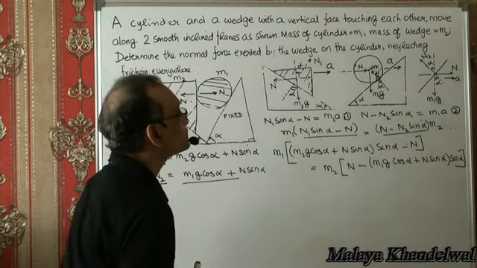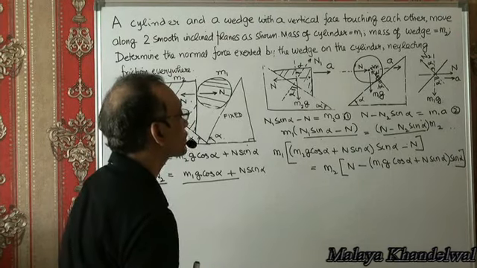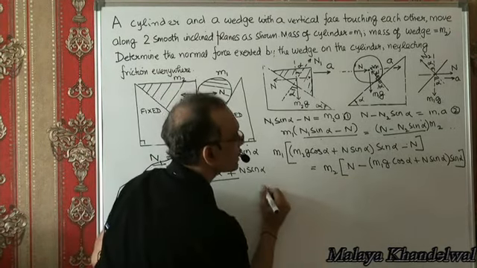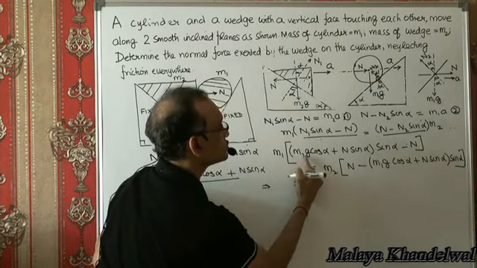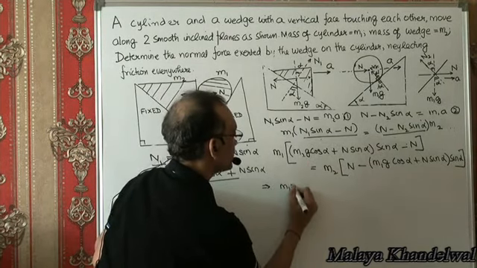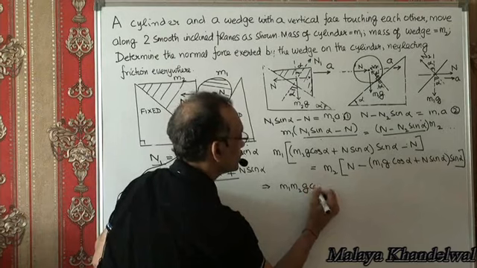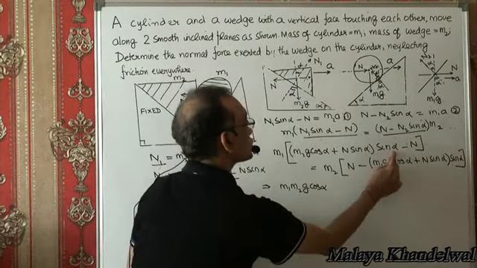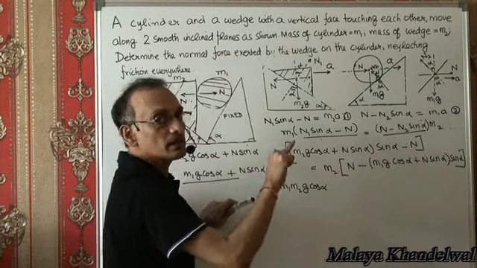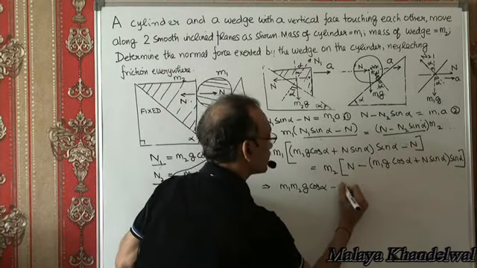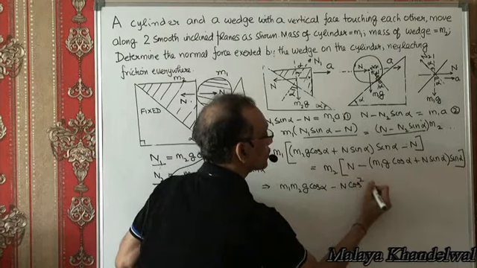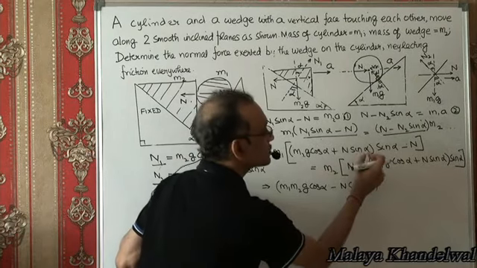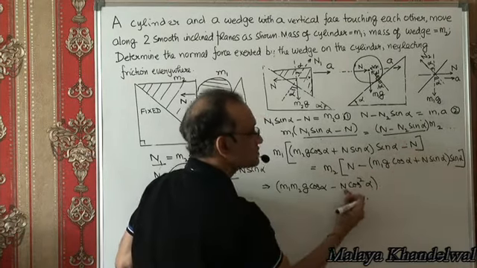Again, notice that right from this equation, I have m1 m2g cos alpha, and then n sin square alpha minus 1 is minus n cos square alpha. Please check that out. Sin square alpha minus 1 is minus cos square alpha.